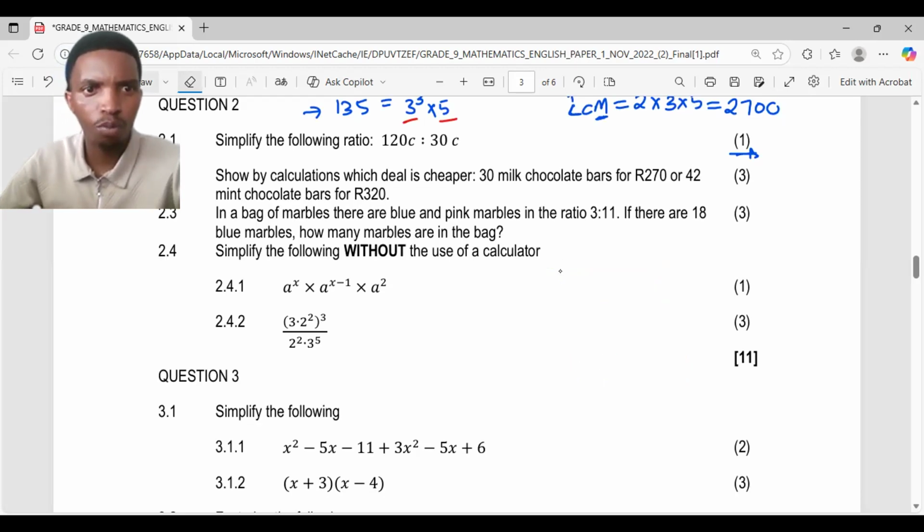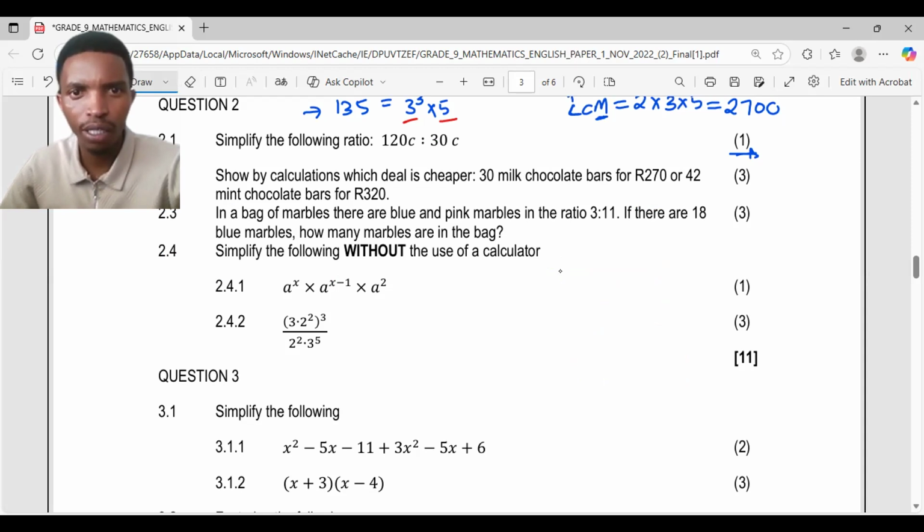At 2.2, they're saying show by calculations which deal is cheaper. 30 milk chocolate bars is 270, and then 42 milk chocolate is 320. Here we need to check how much each chocolate costs, right?